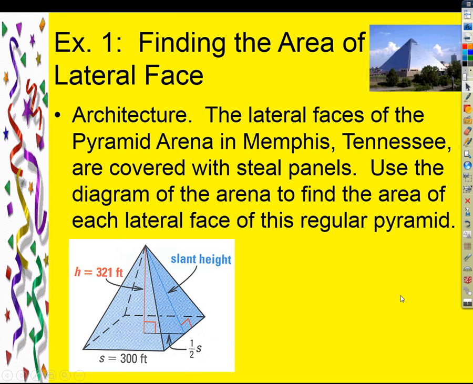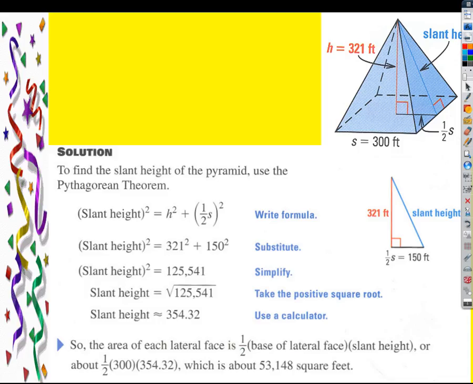So what if we need to calculate a slant height? We can do that. If we knew, for example, one of the lengths of the base edges, how is the slant height going to be related to that?